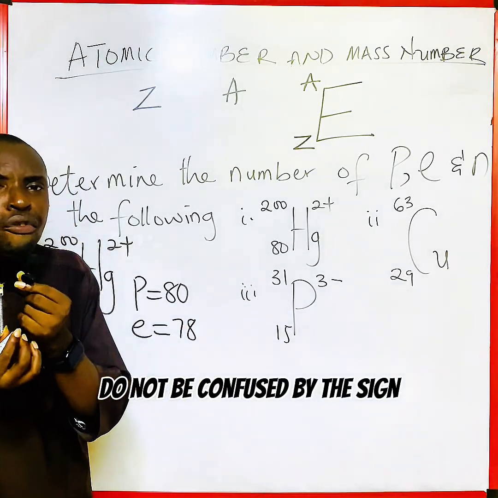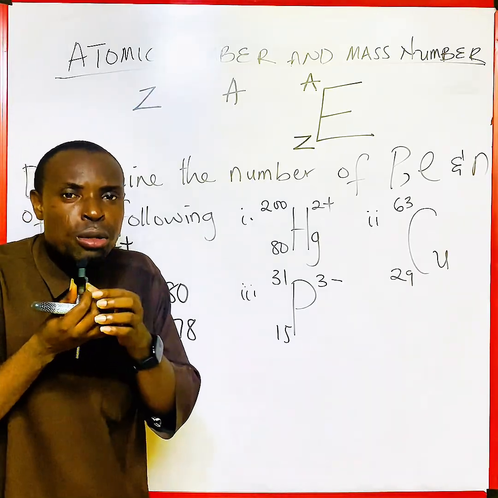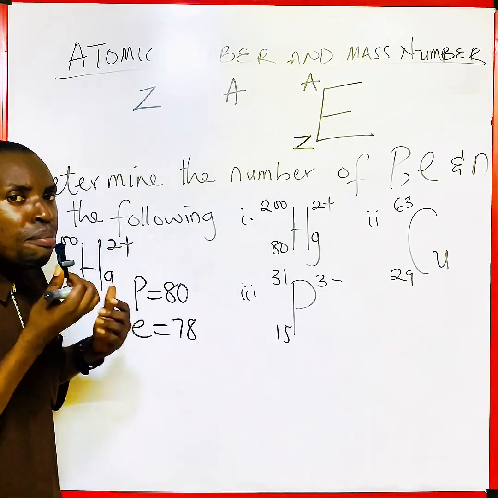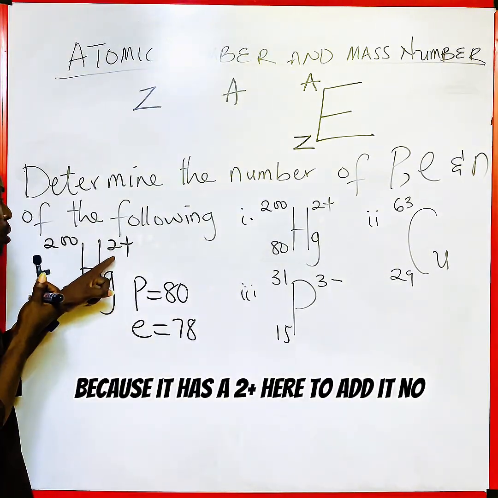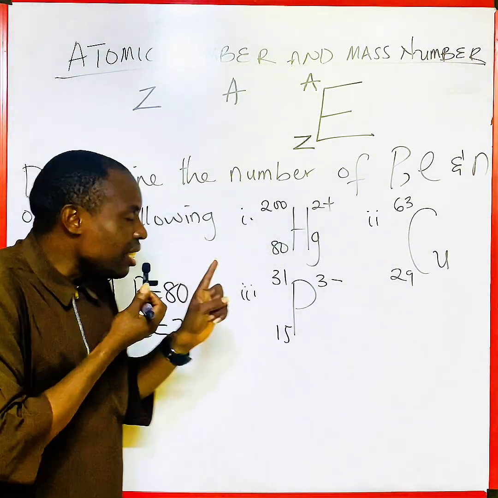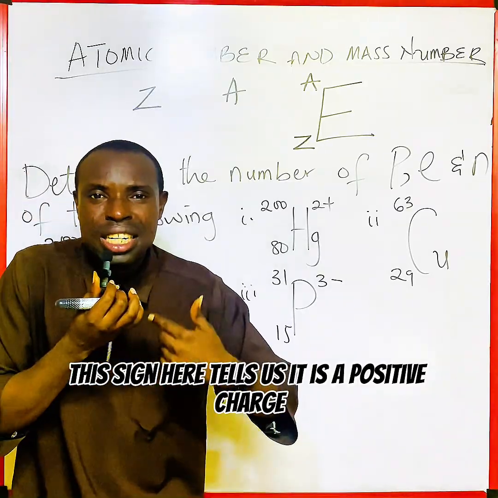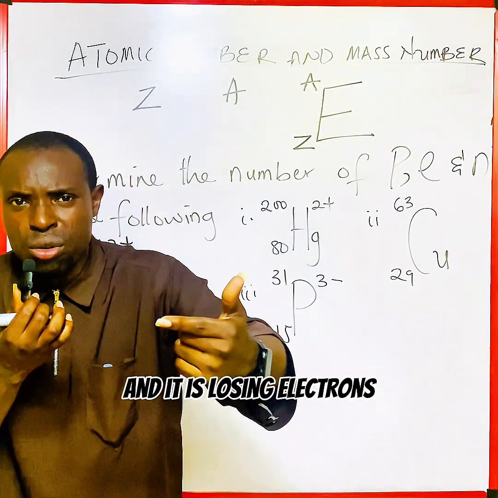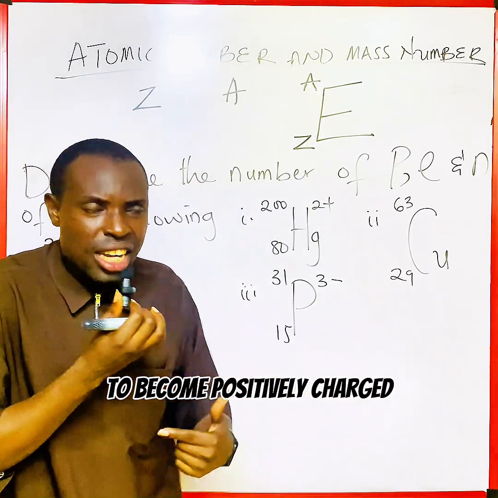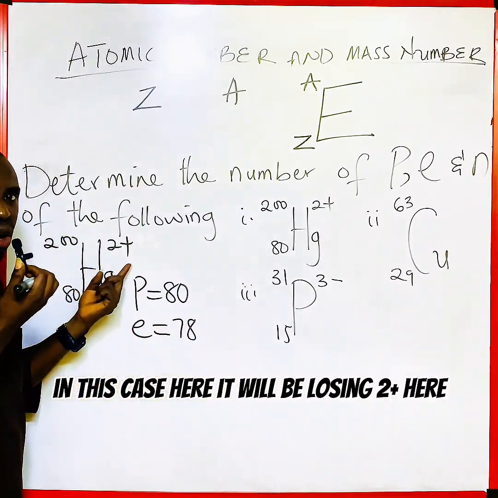Do not be confused by the sign, which is a common mistake. Majority of students, because it has a 2 plus here, may add it. No, this sign here tells us it is a positive charge and it is losing electrons to become positively charged. In this case, it will be losing 2.